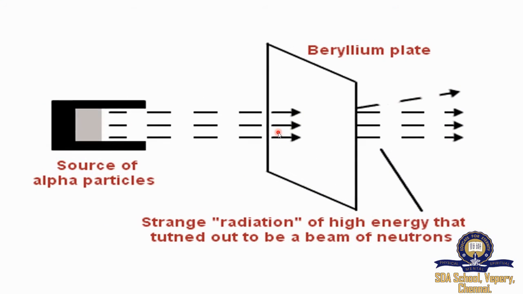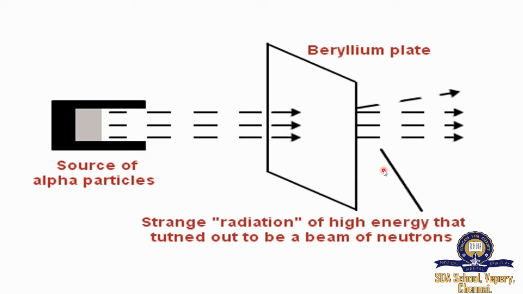When he projected alpha particles on beryllium, he observed that a particle was released, and he called it the neutron. He wanted to check whether the neutron is neutral or not. After experimenting, he concluded that the neutron is neutral in nature. It has no charge.